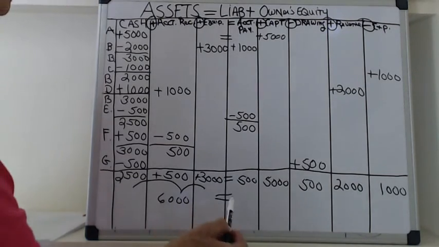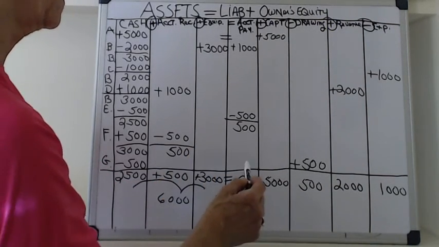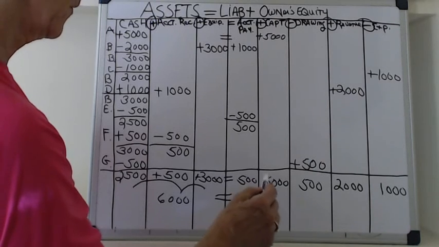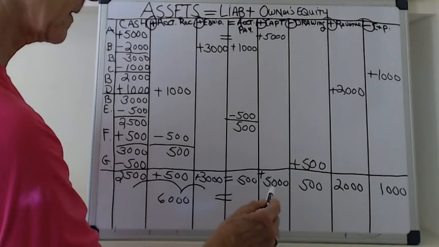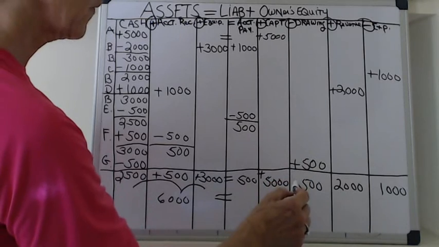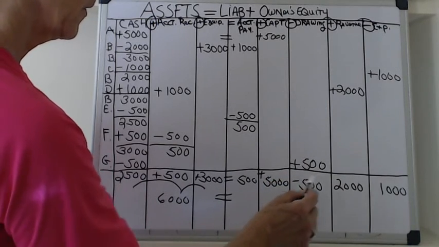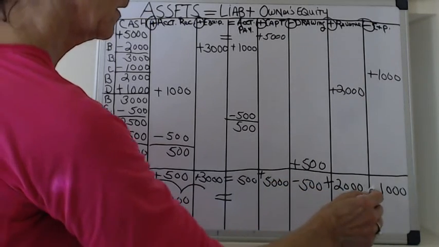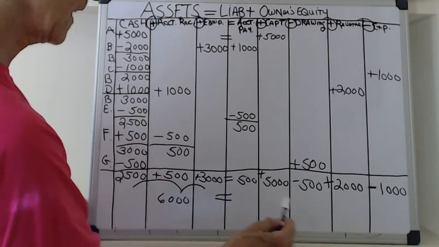equals, and then I'm going to come over to the account payable side, and I'm going 500 plus 5,000 minus 500 plus 2,000 minus 1,000. So let me do that here.